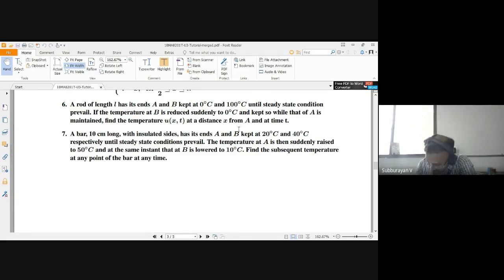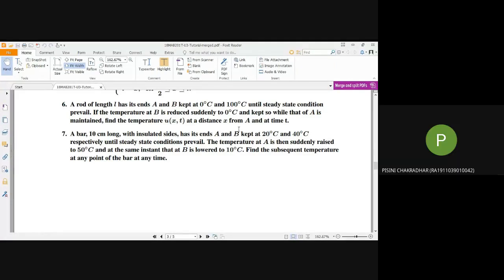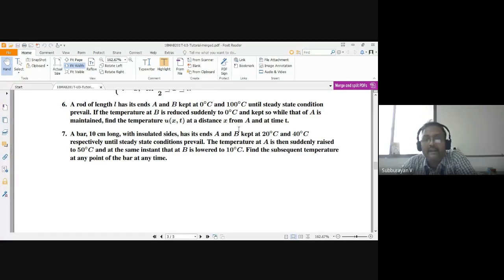And U of x comma 0 is c1x plus c2, where c1 and c2 are determined from the conditions given. That is 2x plus 20.